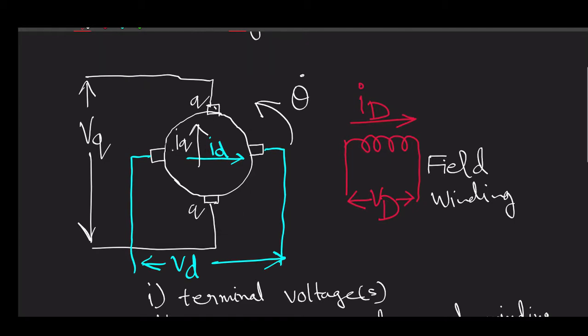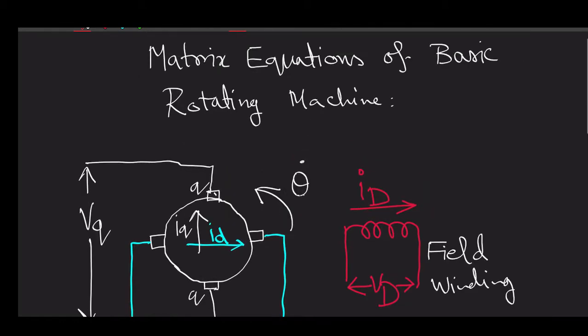So a current that is flowing in this direction will produce a magnetic field in this way, in the plane of this desktop screen, and thereby the EMF will always make an angle of 90 degrees, because you can apply Fleming's right hand rule to figure out the direction of EMF.